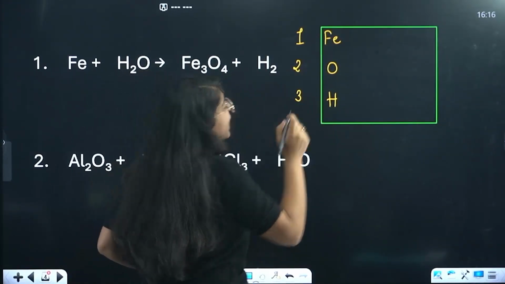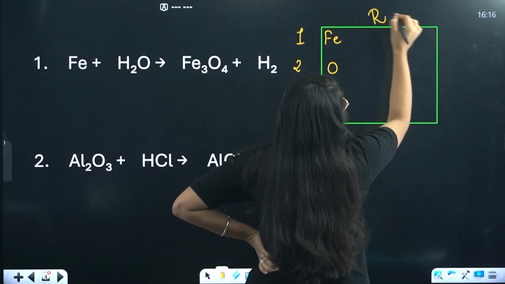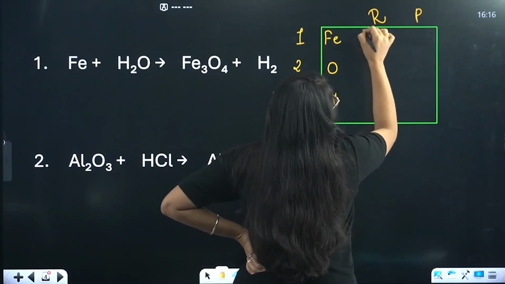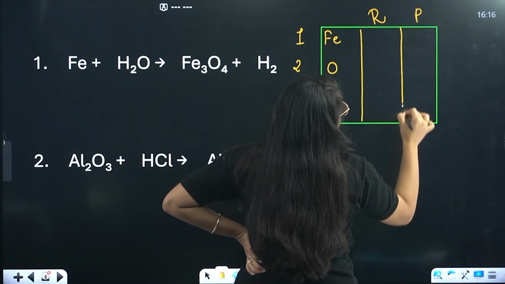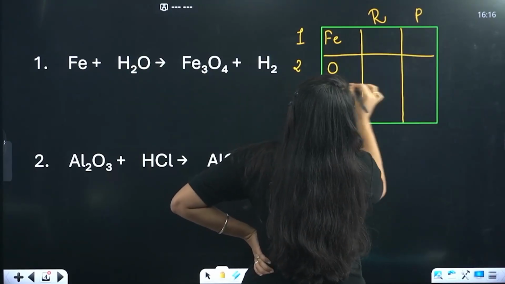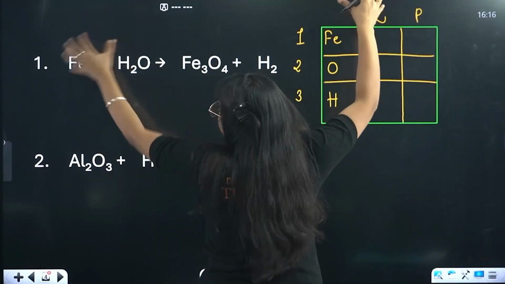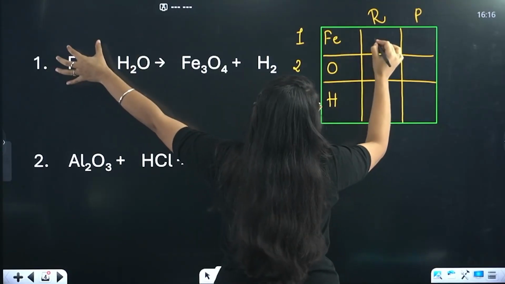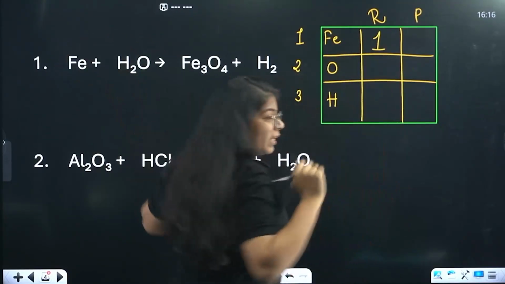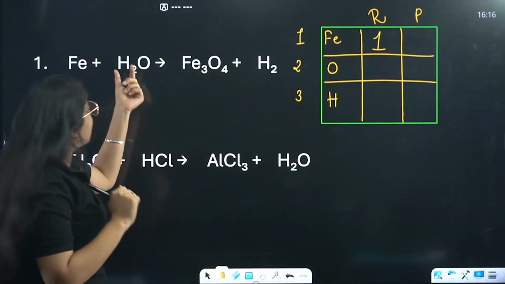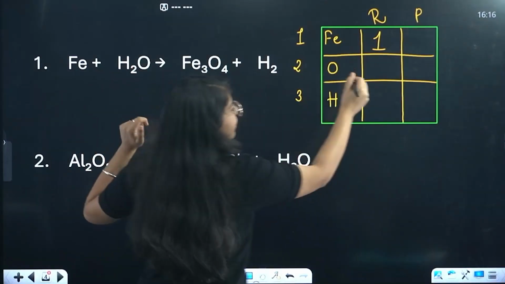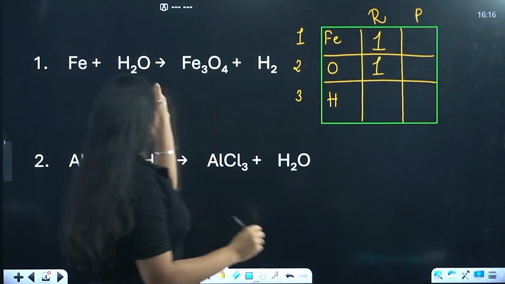Next, write reactants and products. This is the main point. How many iron are there on the reactant side? Only one. How many oxygen? Only one. And how many hydrogen?